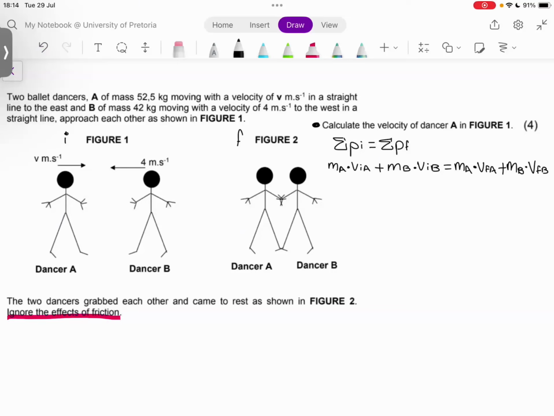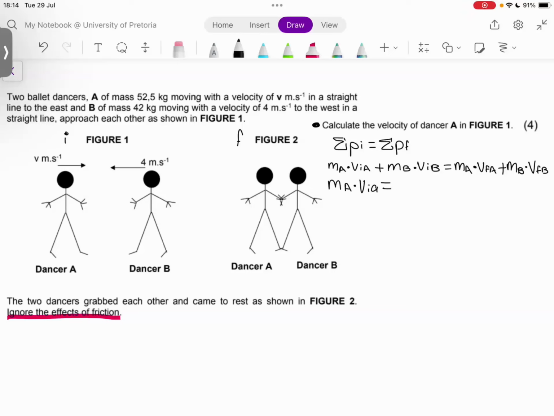From here, we want to isolate our variable of interest. So we want VIA on one side. That means we keep MA times VIA on the left, and we move everything else to the right-hand side.